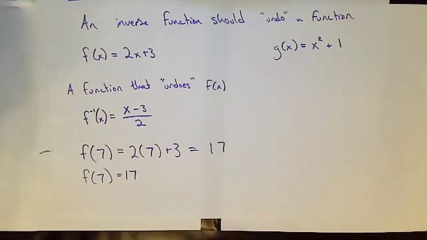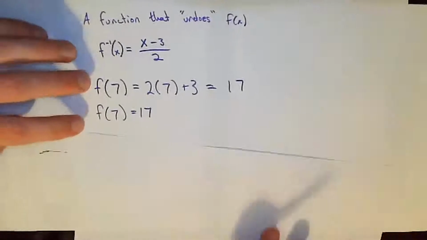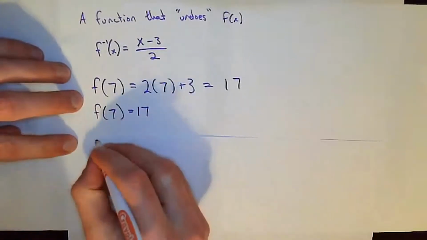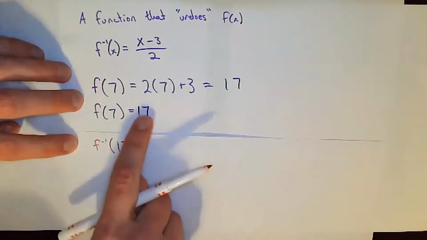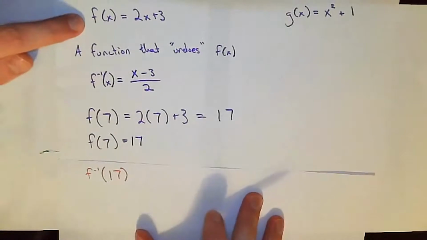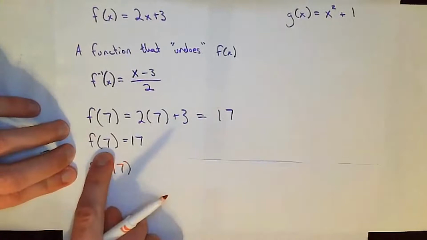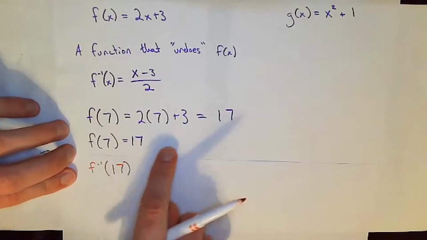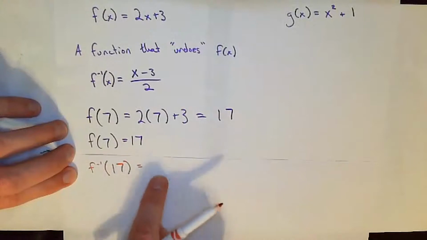Then f inverse, now we're going to come to the g of x function, but for now I'm just talking about f here. F inverse means that if I plug in the output of this function f, which took in an input of 7 and gave an output of 17, now I flip that and give it an input of 17, I should get 7.